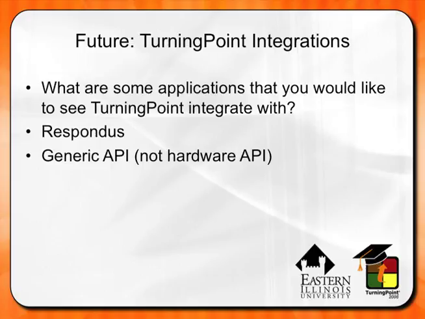I'm probably the only one who's going to say this, but I'd like to have just a generic API. I roll my own stuff, and it'd be nice to not have to be a huge CMS to integrate. When you say a generic API, are you referring to an API from TurningPoint to communicate with something else? Yeah, to be able to input your list or to pull up results. Like I'm writing my own LMS.